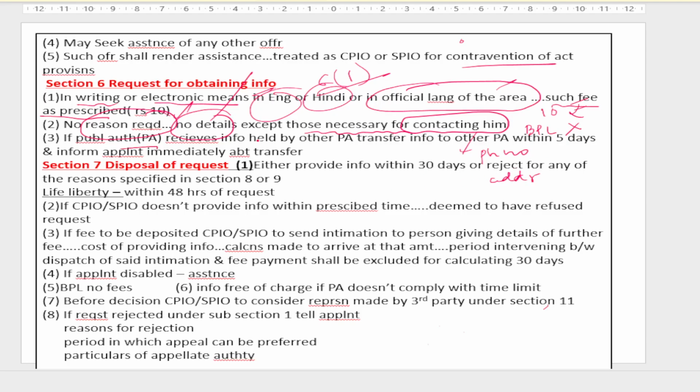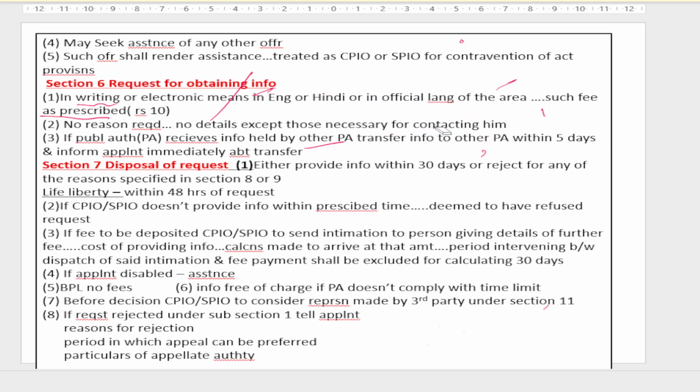Then, if the public authority receives a request for information held by another public authority, we will understand this with the help of an example. Suppose the PIO is from the Public Works Department and the RTI applicant has asked for information which can be found only with the Water Resources Department.